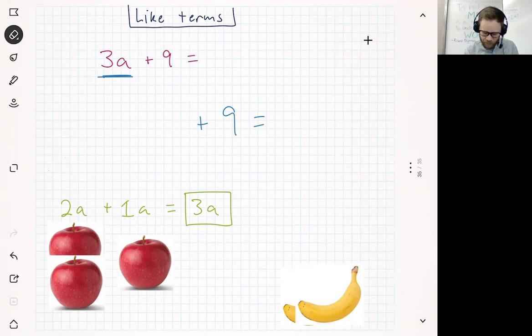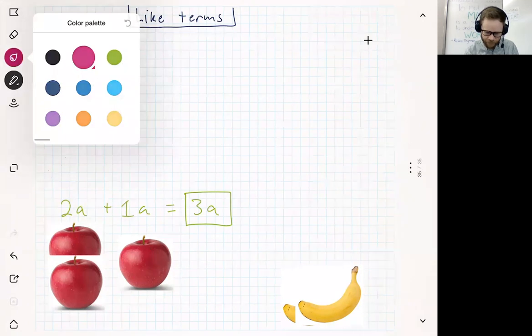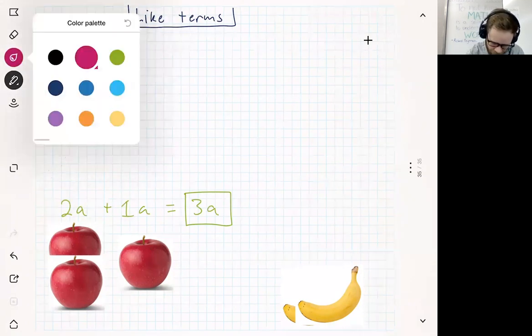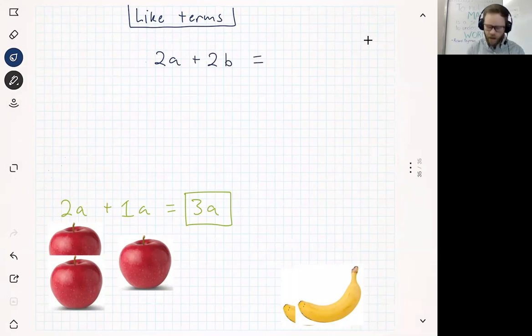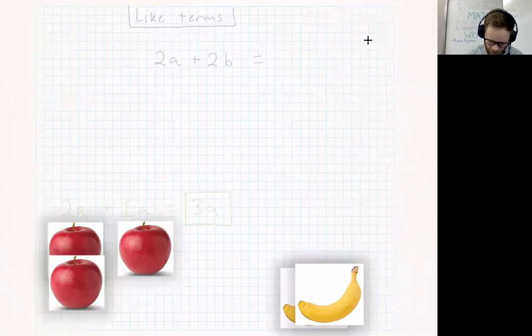Now, let's come back up here really quickly. Look at the top of my screen. What if I have the expression 2a plus 2b? Are these like terms? Well, let's say that this 2a is 2 apples again.